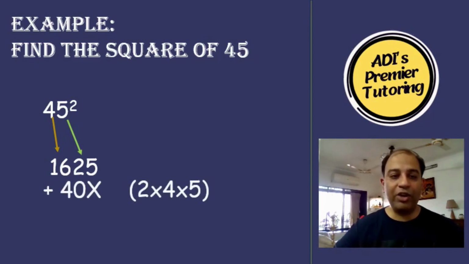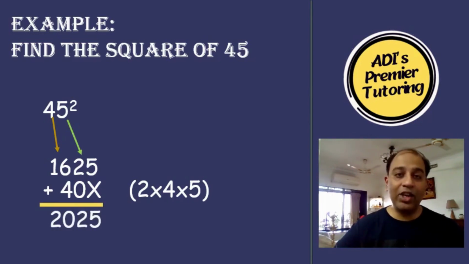So 4 into 5 is 20, and 20 into 2 is 40, and we are going to add one x over here. Now, the next step is just to do a simple addition of 1625 plus 400. Thus, the answer is 2025.